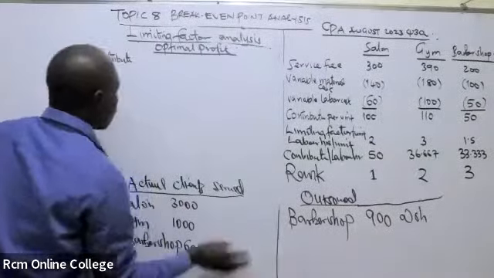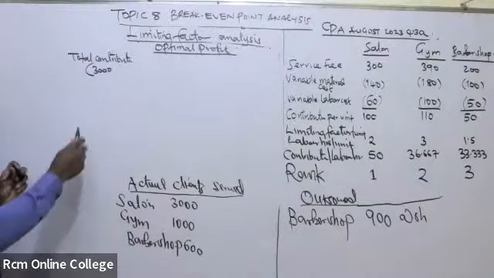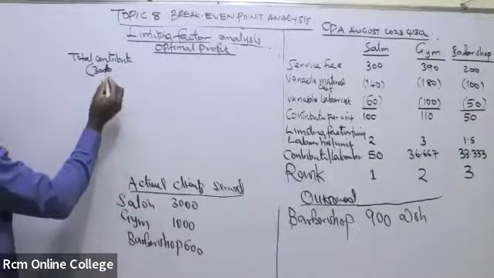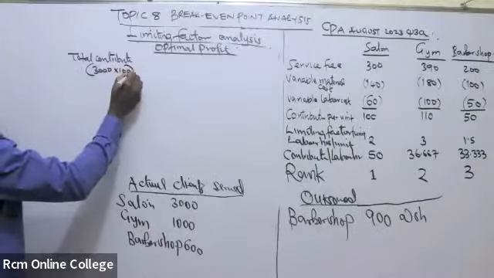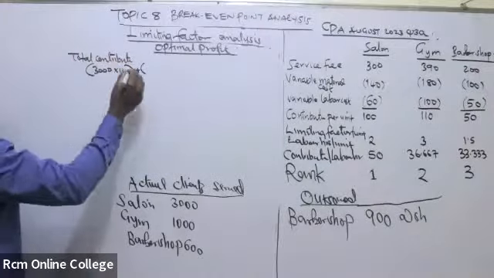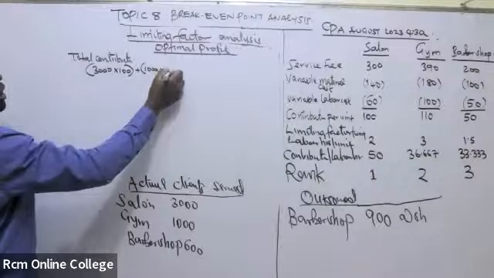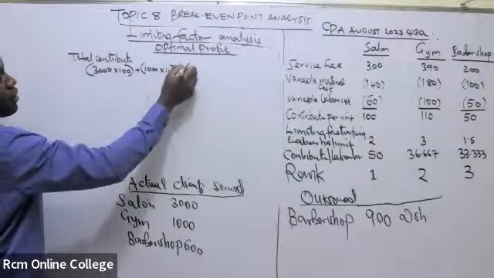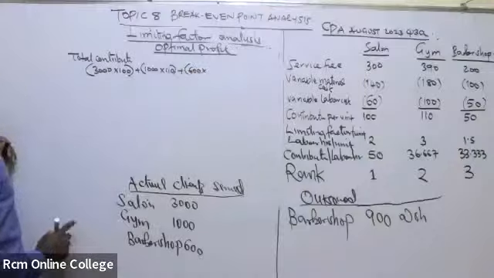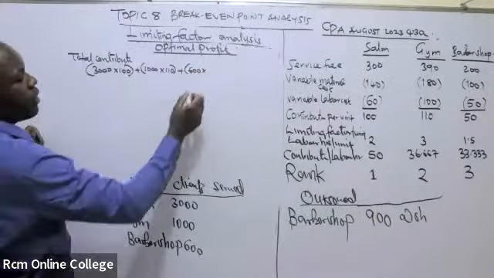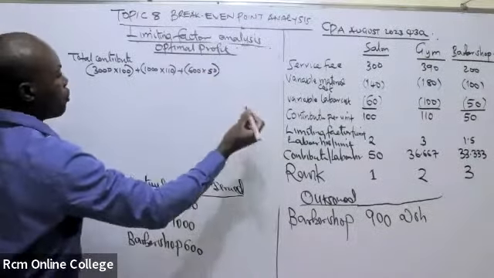So for total contribution as per this actual production mix, I'll be taking 3,000 for the salon, multiply by the contribution per client, plus 1,000 clients in the gym times 110, plus 600 clients in the barber shop, we multiply by 50.